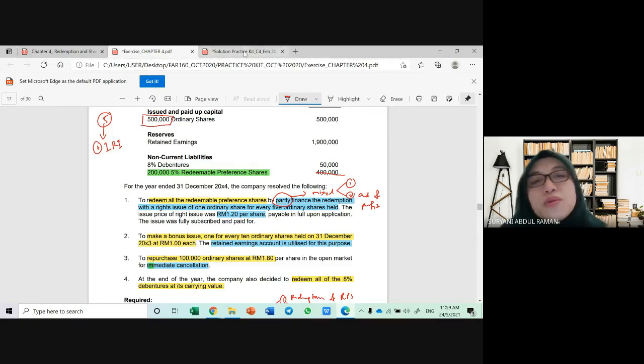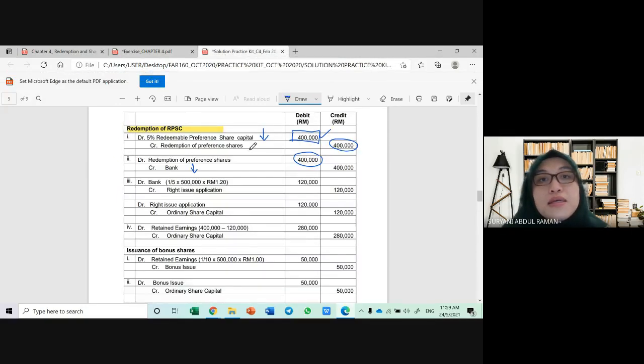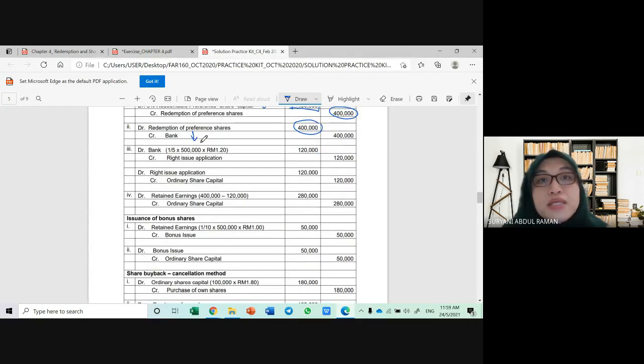So the amount will be how much, class? 100,000, is it? Yes, 100,000. There will be 100,000 units of right issue to be issued to the shareholders.